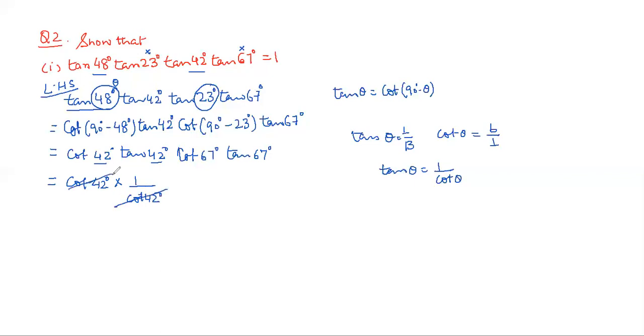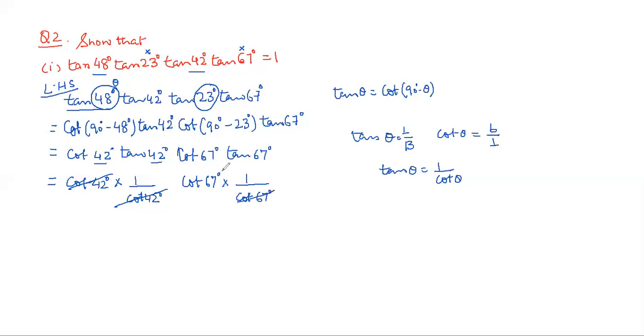This and this will get cancelled. Similarly, this is cot 67 degree, and again the angle is same. So if I am reading this as cot theta, this will be read as tan theta, and tan theta is equal to 1 upon cot theta, and theta we have supposed as 67.